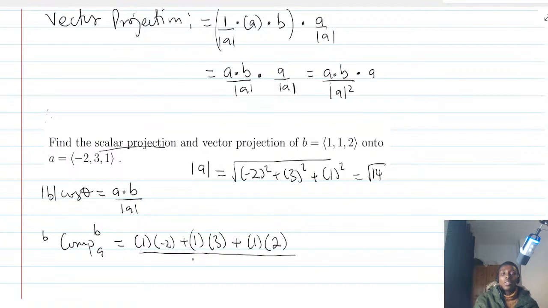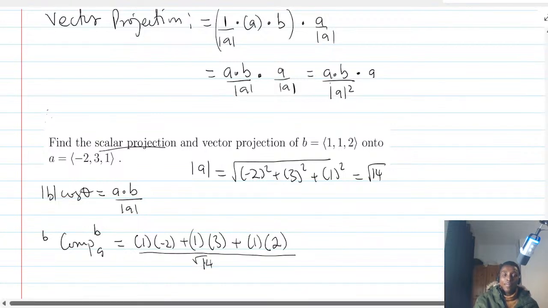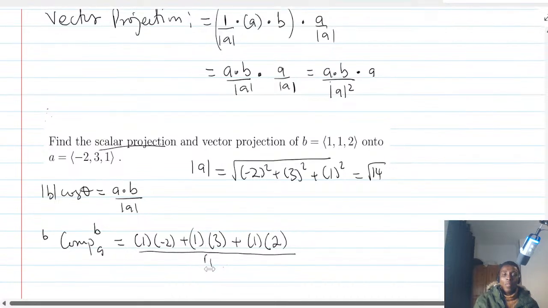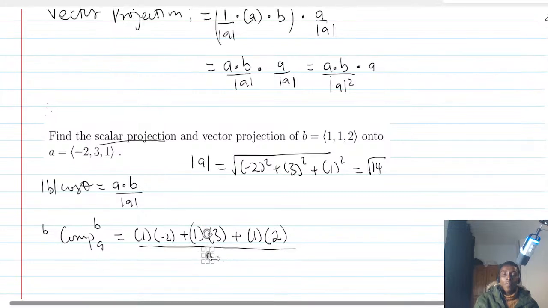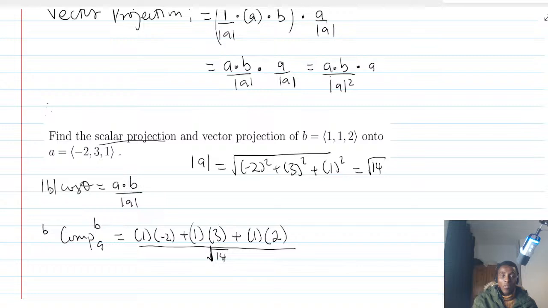Then we divide everything by root 14. If we divide this by root 14, what will be the answer? And that is the component of B along A.